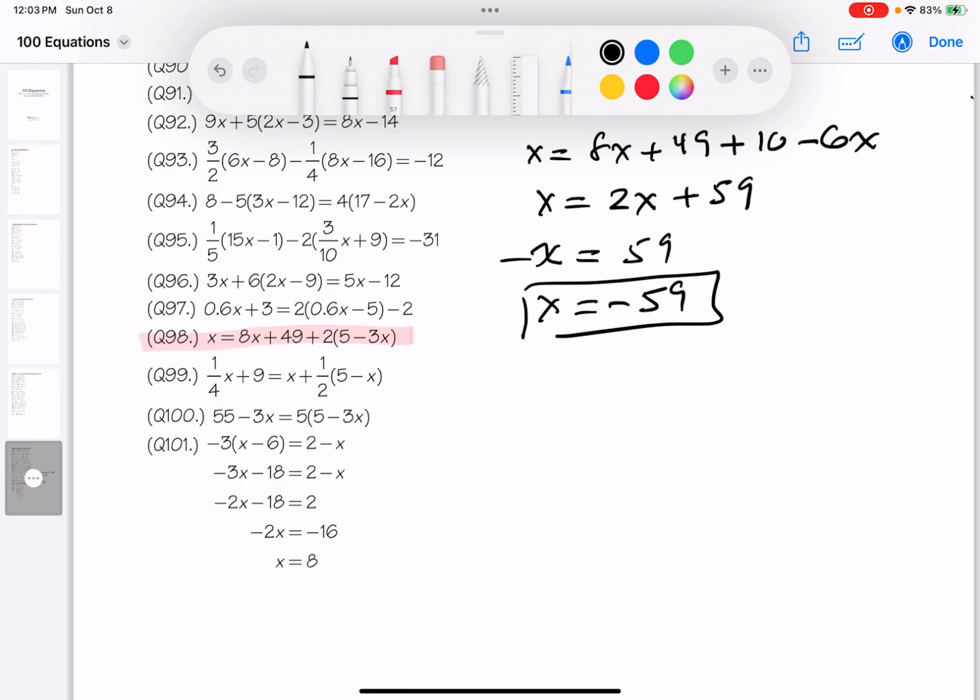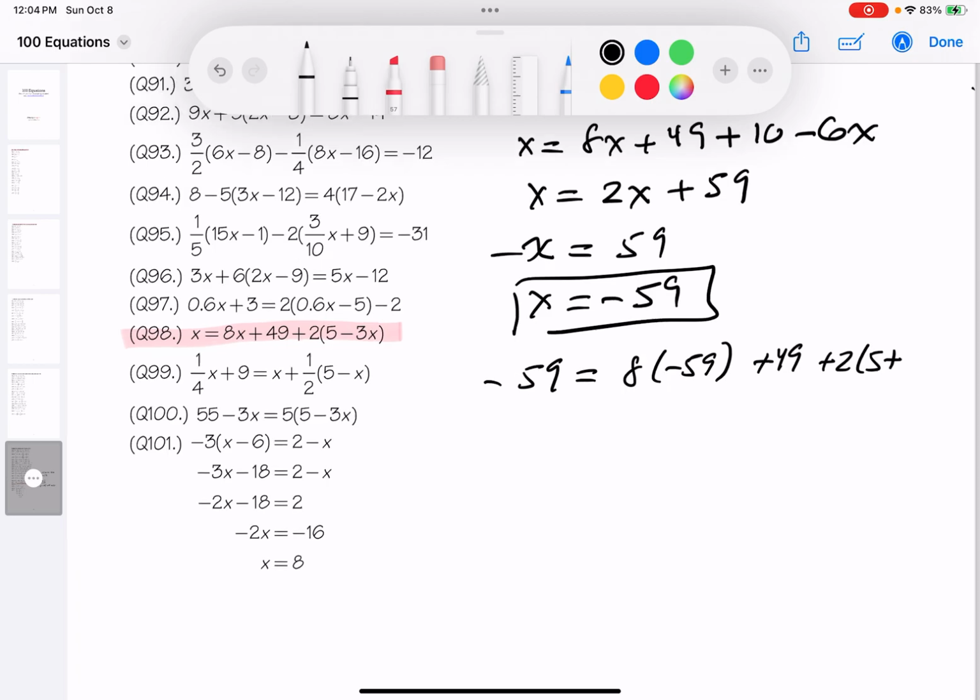Worked out nice. I don't know, maybe it's wrong. Minus 59 equals 8 times minus 59. We'll do that in a moment. Plus 49. And then you're going to get plus 2, 5. Well, minus 3 times minus 59 is going to be plus. That's 150, and 27, 177.